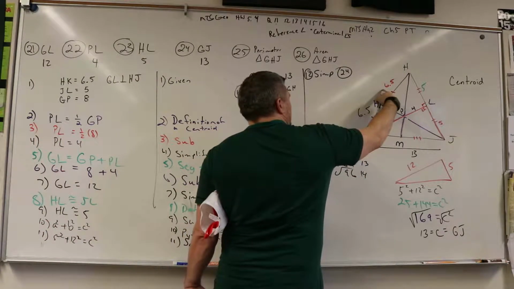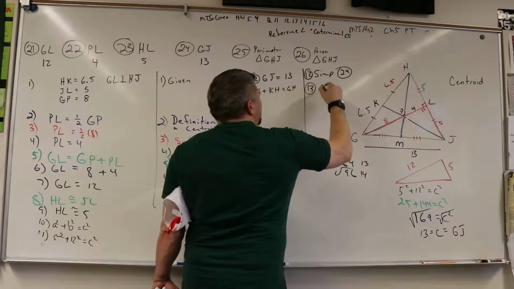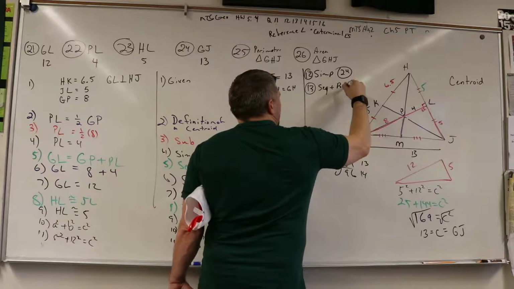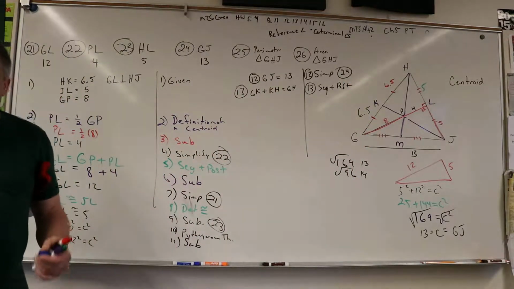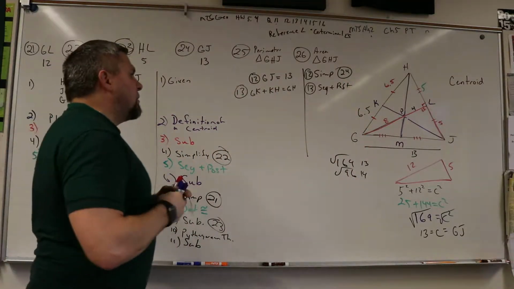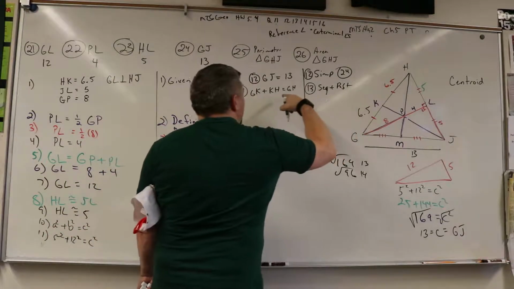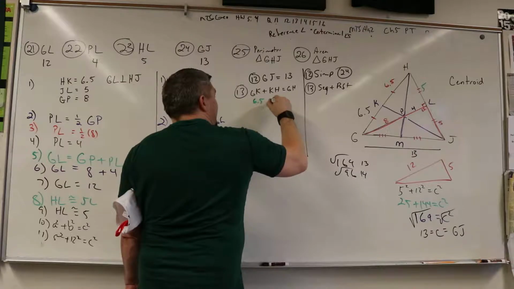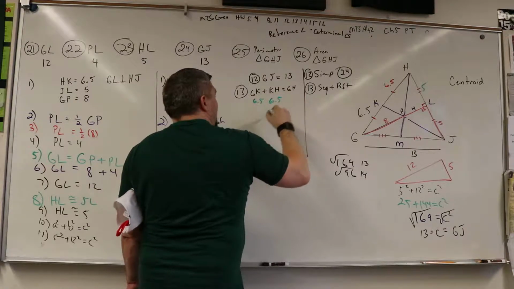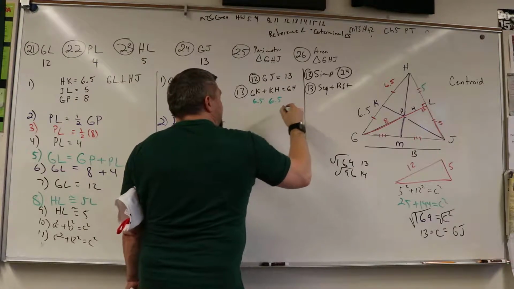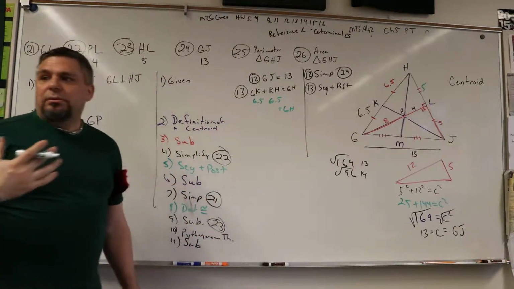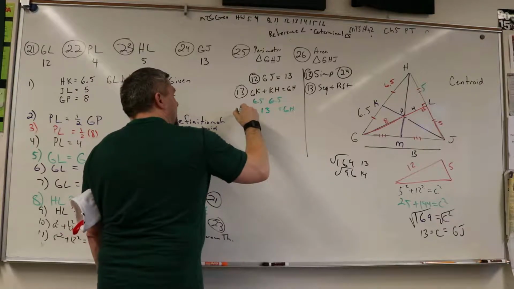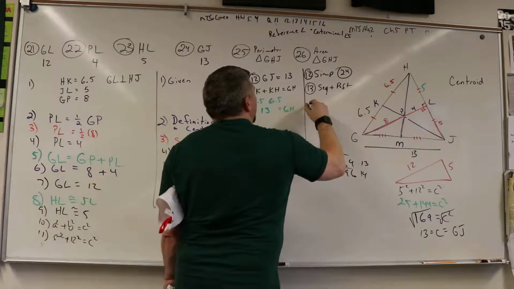This plus this. And that's just the segment addition postulate, right? But then what did we do? We said that had to be 6.5. So GH is equal to 13, right?